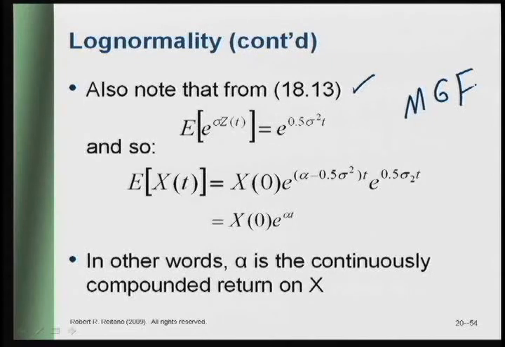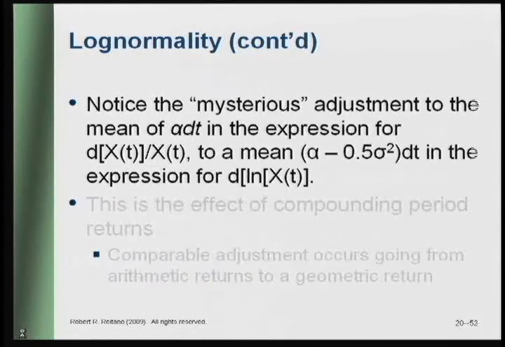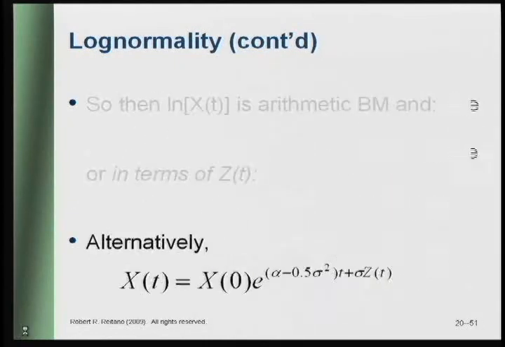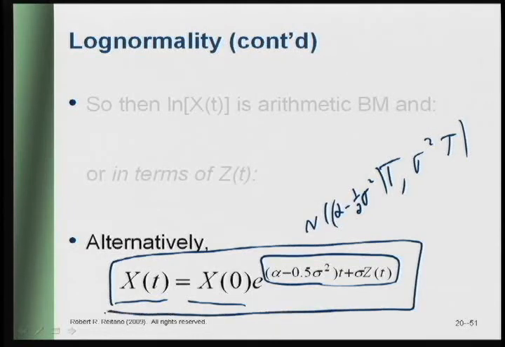The reason that's important is if we go back to the formula we had for x, we can take an expected value of x of t, because the only thing that's random is the z term.